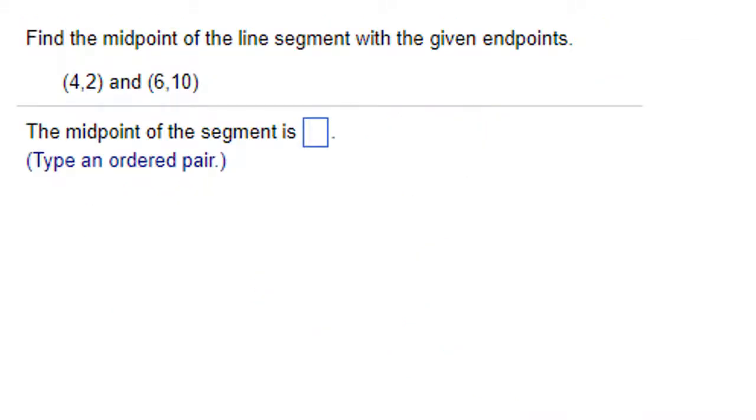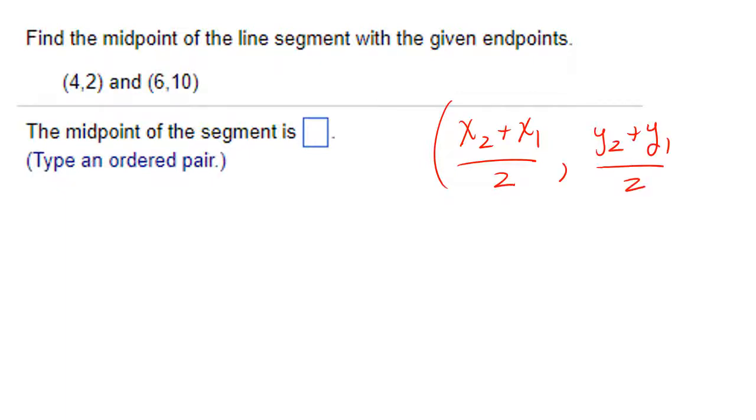Now we're going to find the midpoint of a line segment. The midpoint formula is x2 plus x1 divided by 2, comma, y2 plus y1 divided by 2. My x1, y1 are the first coordinates. My x2, y2 are the second coordinates. And I simply plug in the numbers.